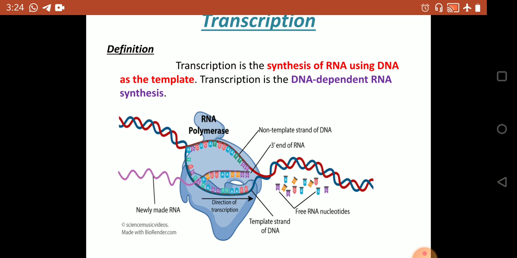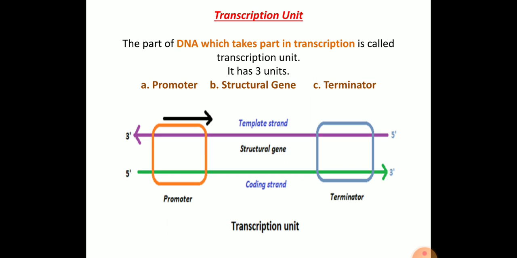Before studying transcription, you need to know about the transcription unit, and how this transcription unit works. It is nothing but a part of DNA that takes part in transcription. It has a promoter gene, structural gene and terminator gene. The promoter starts the action, and the structural gene helps in the movement of the enzyme and also the production of RNA.